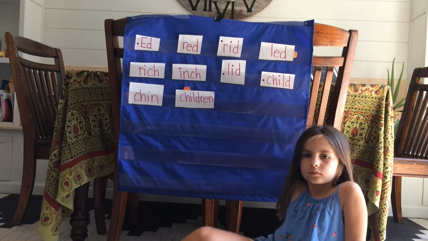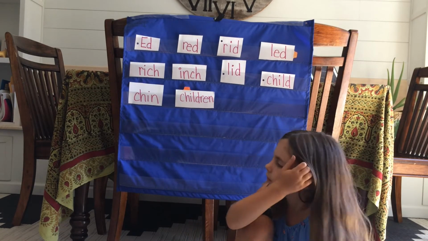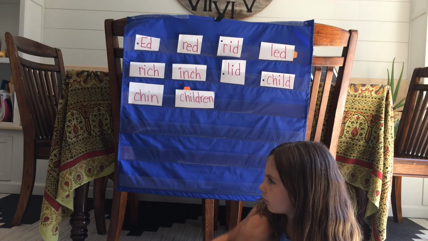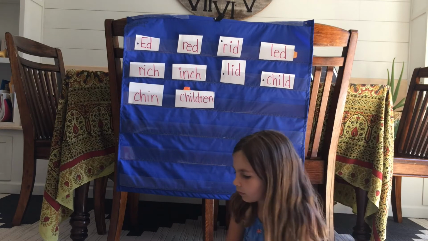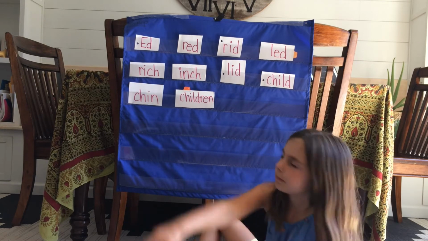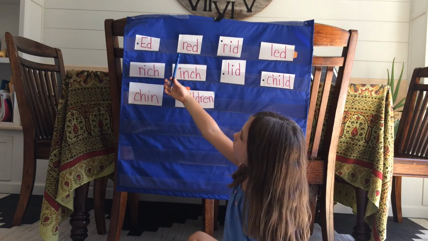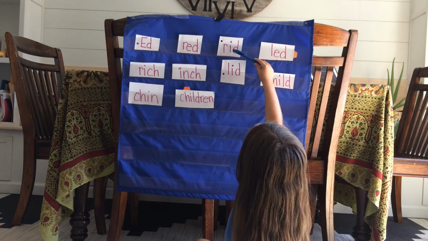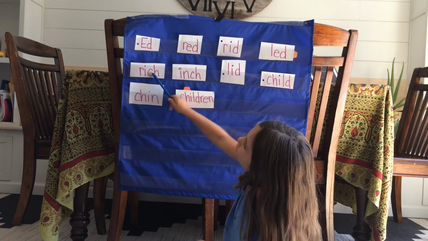We are back for our sort. So we're first going to read our words. As we read it, please listen for the beginning sound. That's how we're going to sort it. Andrina, can you get your finger out to point? Are you ready? All right, here we go. Ed. Red. Lead.